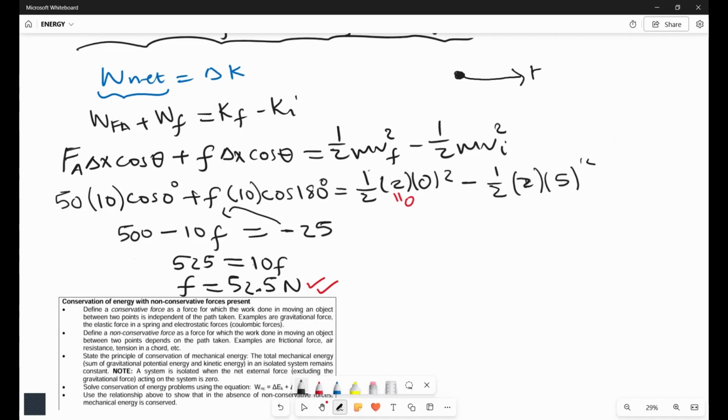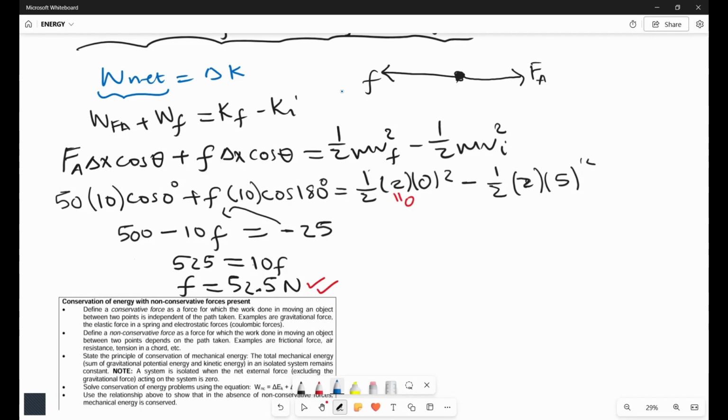In this case, we had FA and we also had frictional force. These are our only horizontal forces, and remember, horizontal or parallel forces are the ones that do work. We know we have normal force as well as FG, but we do not include them when we calculate work. FG, we are going to include when we are dealing with an incline.